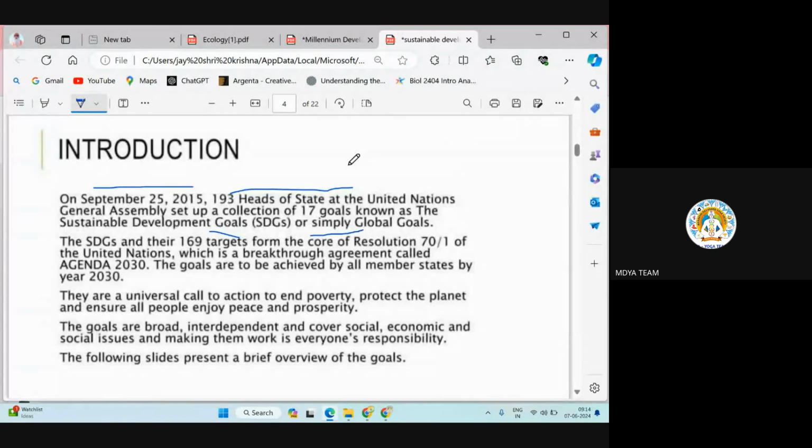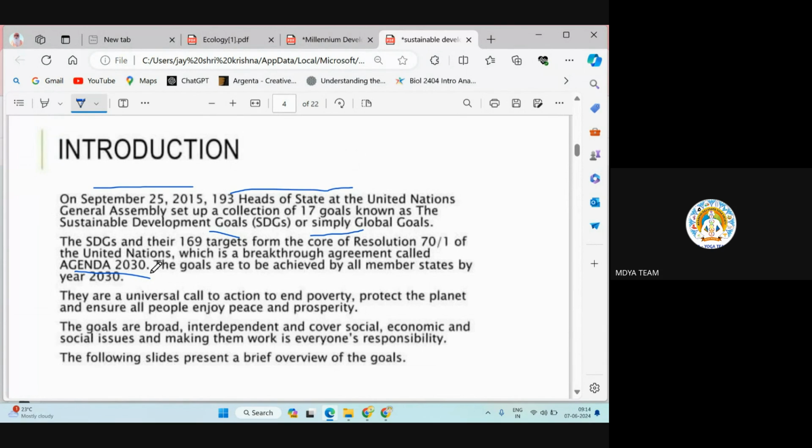Because they will be achieving this by 2030, it is also known as Agenda 2030. These are known as Sustainable Development Goals, Global Goals, and also Agenda 2030, because these goals are to be achieved by the year 2030 by all the countries.